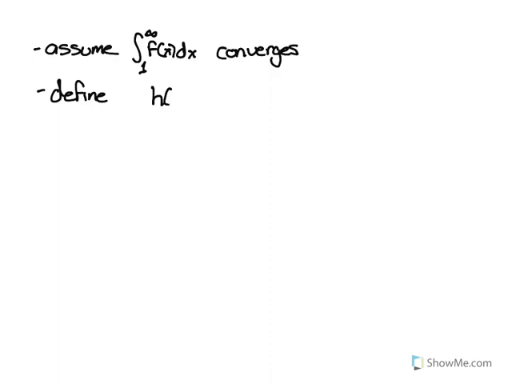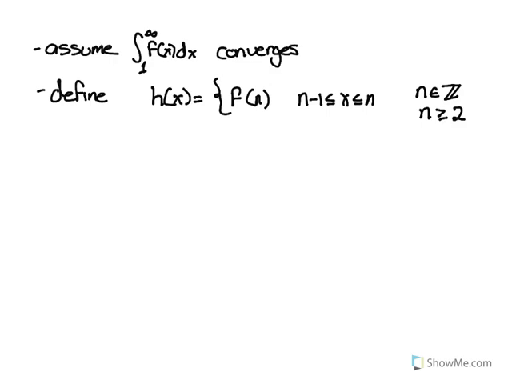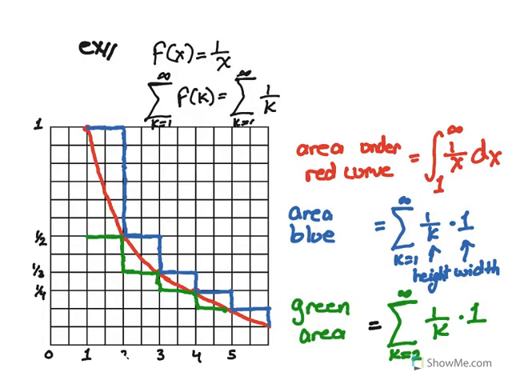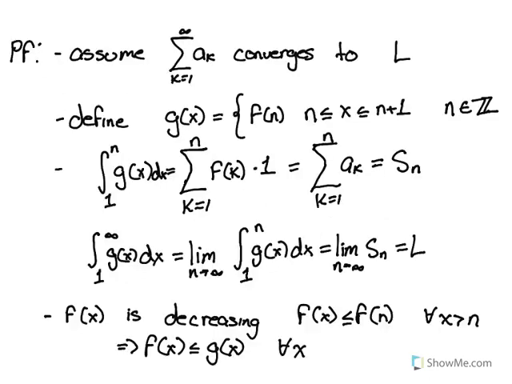So define h of x equal to f of n between n minus 1 and n, and this is for n integers and n greater than or equal to 2. And actually in the last one, it should have been n greater than or equal to 1 as well. So if you go back to the diagram again, here h of x just represents the green curve, or the green staircase, whatever you want to call it.